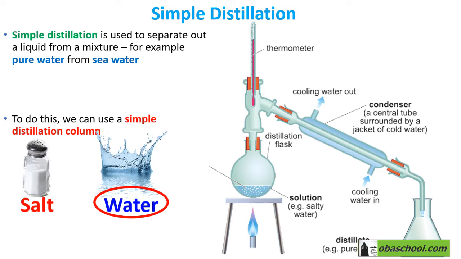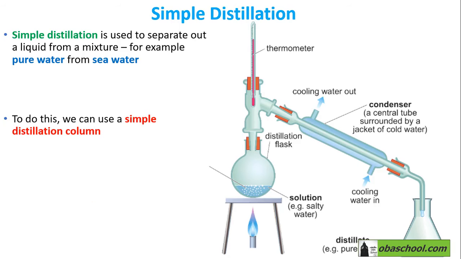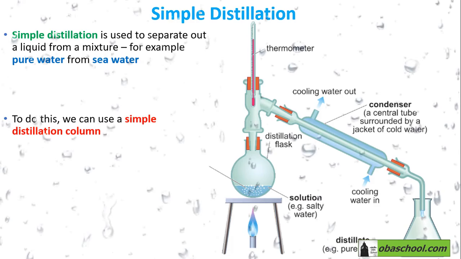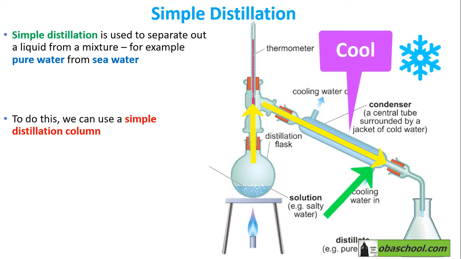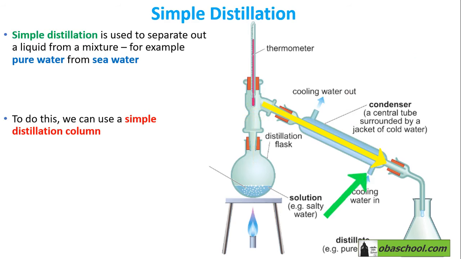So, water will evaporate first and it will form a vapor, which will rise out of the distillation flask and it will go through an area of the apparatus, which is here and known as the condenser. The condenser is kept cool by the action of water, which flows around the pipe on the outside of the condenser.